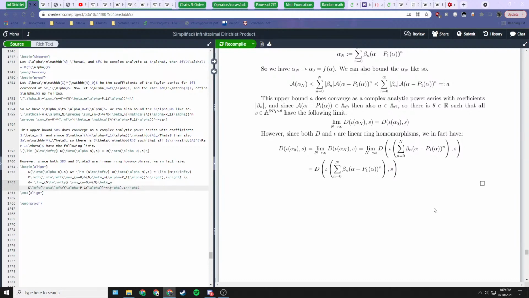And then we can pull out this power. And see how that looks. Actually, okay, we'll keep the power in for just a second, because I don't want to go too fast.